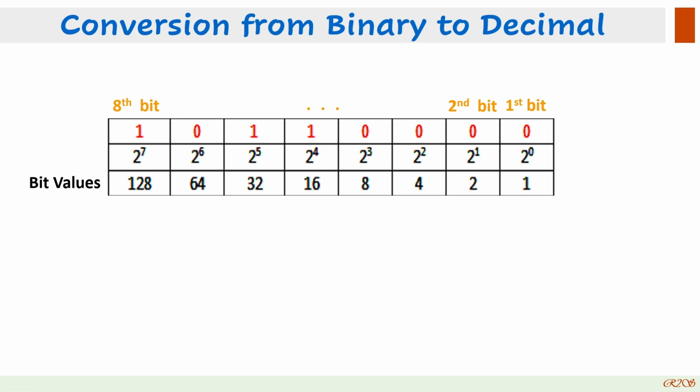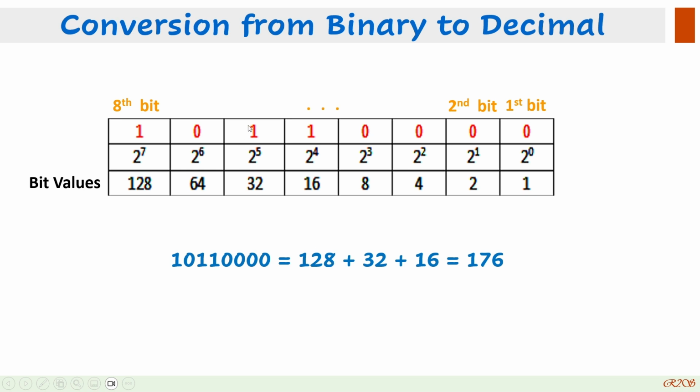Now if we want to convert this binary to decimal, the binary is 10110000. What we need to do is just add the decimal value corresponding to each binary 1. We have a 1, so the corresponding value is 128.